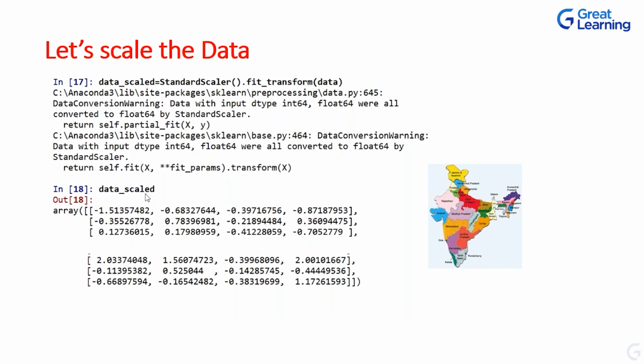There are two popular ways, where we use standard deviation in one, and in another way we use range. In one type of scaling, we subtract mean from each observation and divide by standard deviation.